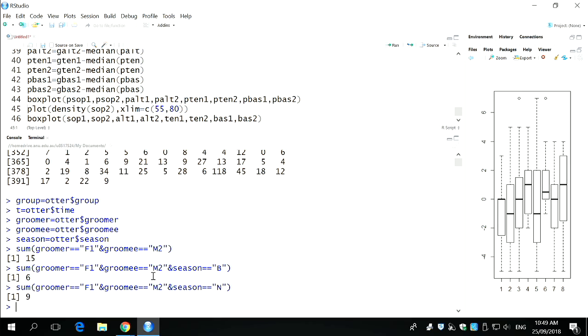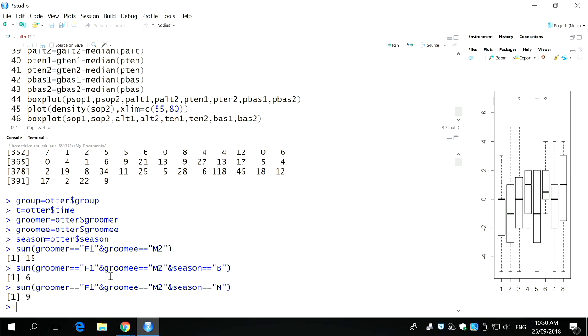Now, the kind of tools that you'll use graphically will be things like we did early on in the course. Things like bar charts, box plots, maybe densities. You've got to think about how you might bring these into play. But what I would suggest is you start by trying to break down the different combinations using these kinds of ands.